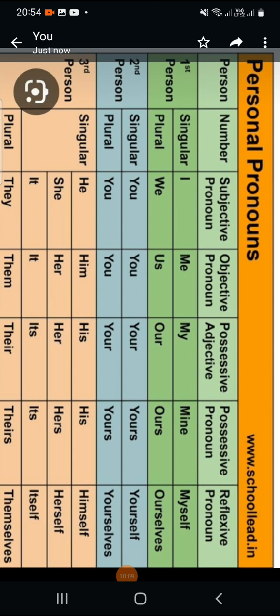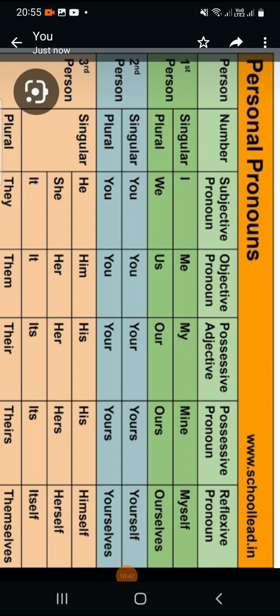You just have to remember that all these personal pronouns will be placed before the verb or left hand side of the verb. Please take care. Whenever you make a sentence, if your sentence is being started with a pronoun, these 7 personal pronouns will be used, and the sentence will start with one of these personal pronouns, right?